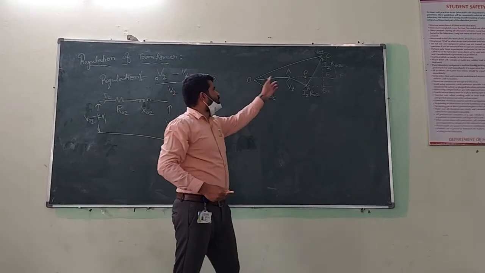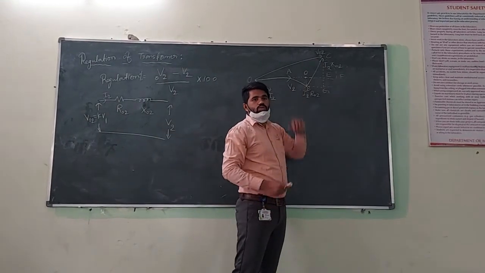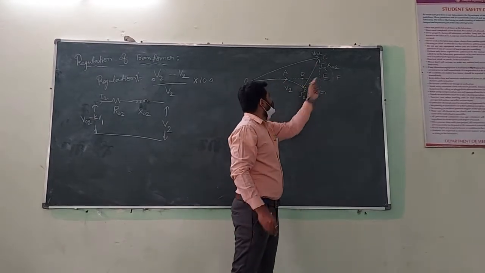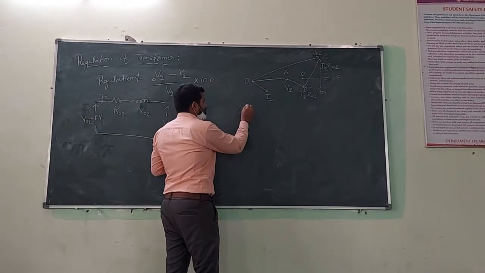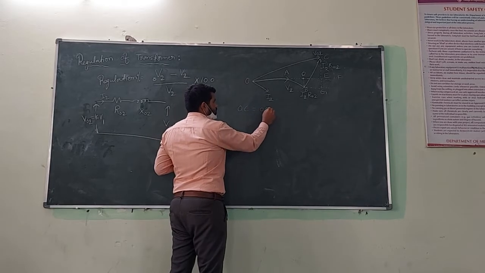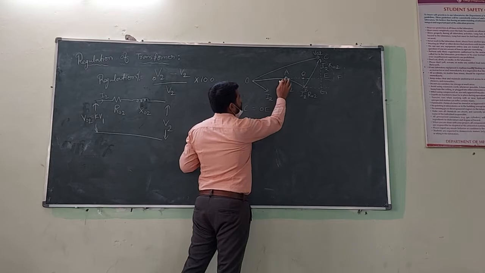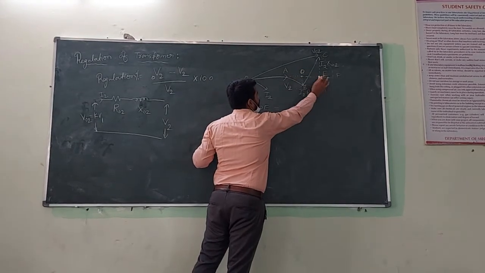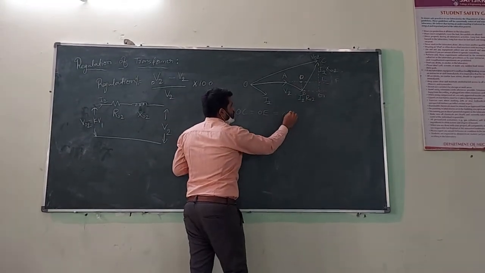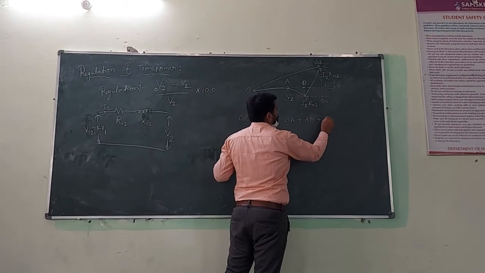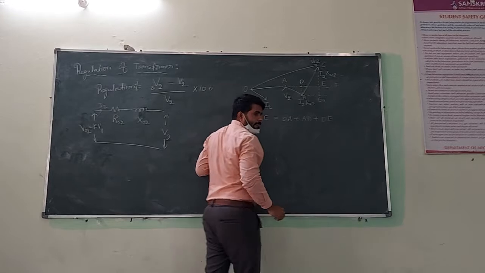I would like to determine the no load voltage V02. In the above figure, assume OC is equal to OE, try to understand, OC is equal to OE. This value is equal to, tell me, OA plus AD plus DE. Can I write OA plus AD plus DE?